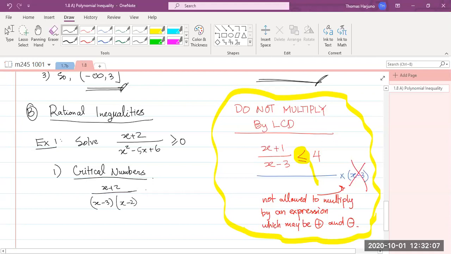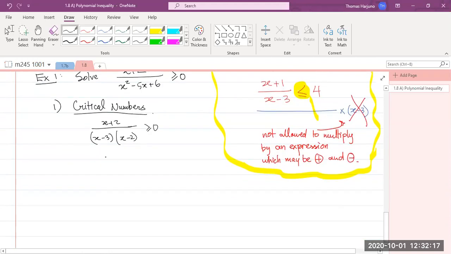No, I will show you what the problem is in the next example if I keep it x squared minus x minus 6. So from here, we have the critical numbers. x equals to minus 2 is a critical number because it will make the numerator 0. But x equals to 3 and x equals to 2 are also critical numbers because they will make it undefined.